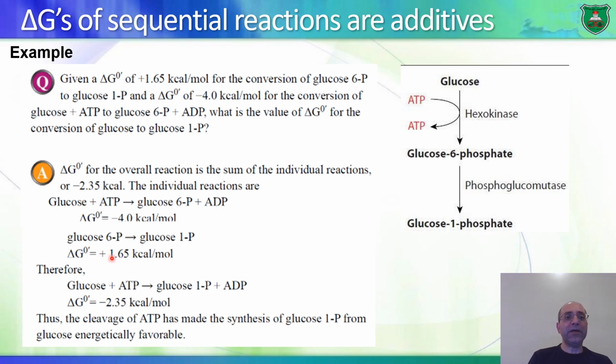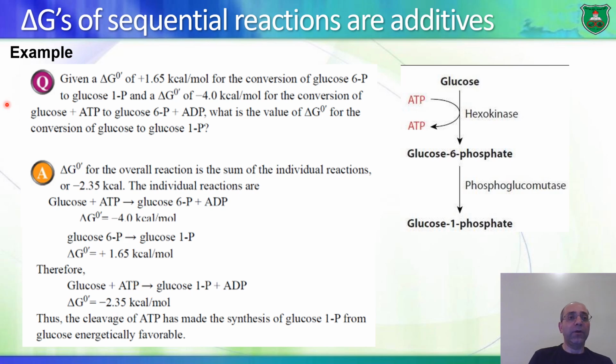Now, for the reaction glucose 6-phosphate to glucose 1-phosphate, delta G is plus 1.65 kilocalories per mole. And for the first reaction, glucose plus ATP giving us glucose 6-phosphate plus ADP, the delta G not prime is equal to minus 4 kilocalories per mole.